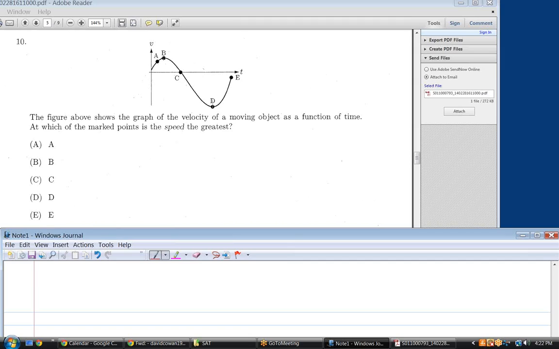D. Gotcha. Because D is the greatest negative velocity. D is further away from the time axis than B is. So even though it's a negative velocity, its absolute value, which is speed, is greater than it is at B.